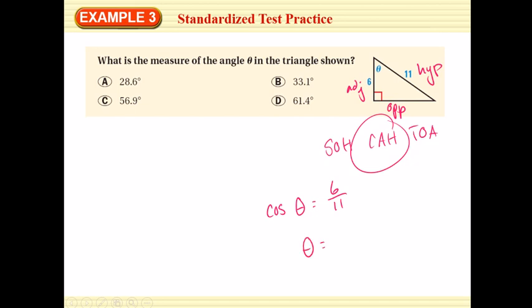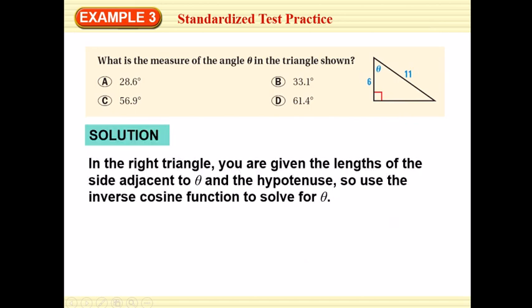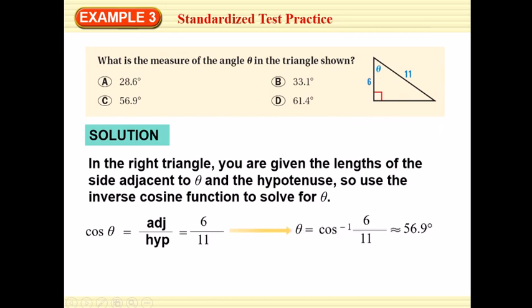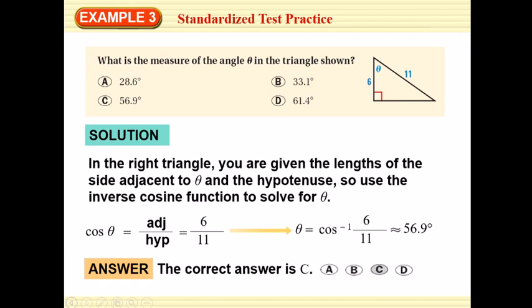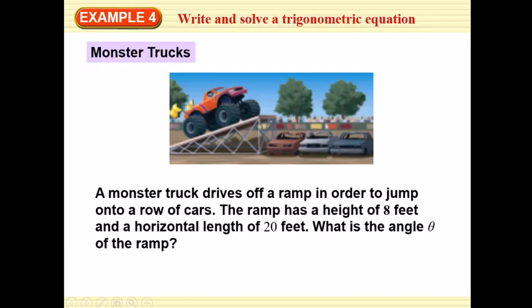I'm going to get theta equals cosine inverse of 6/11. Looking at how they approach it, they have cosine equals adjacent over hypotenuse, exactly. So cosine inverse of 6/11, you type that into your calculator and you should get 56.9, just about. So your solution should be C.